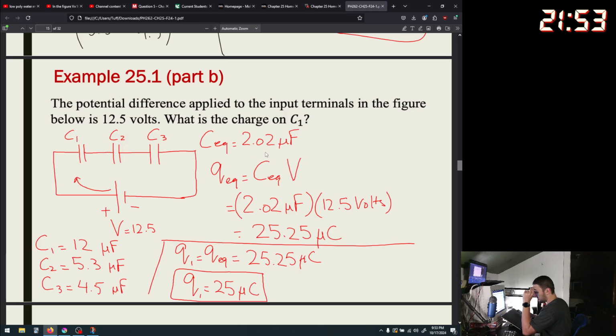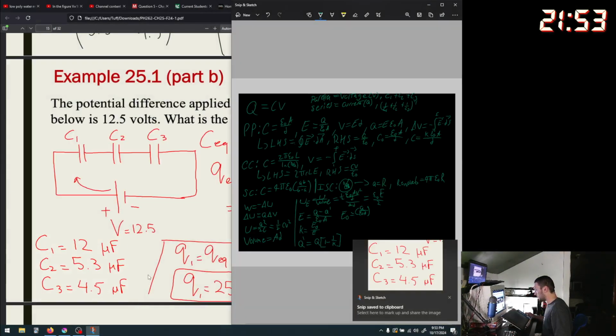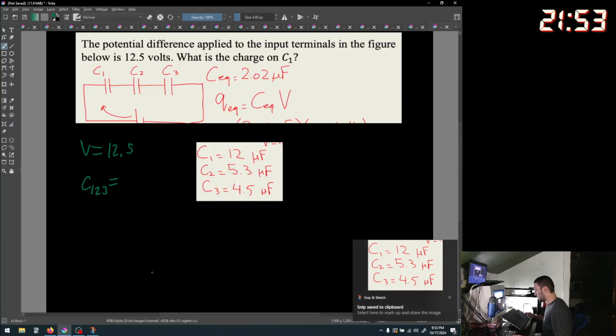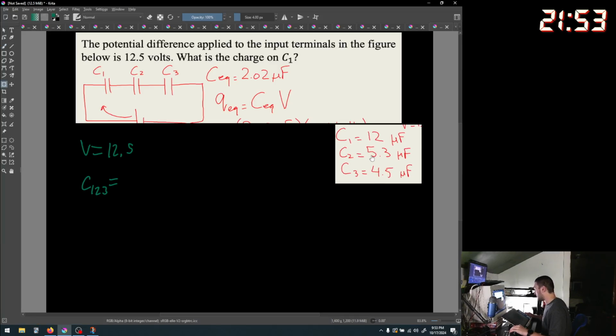Are we given C equivalent? Wait, no. We were supposed to be given C1,2,3,4. Wait, right there. Okay.